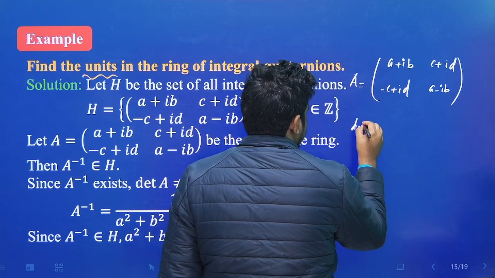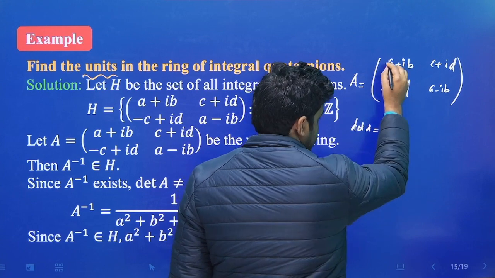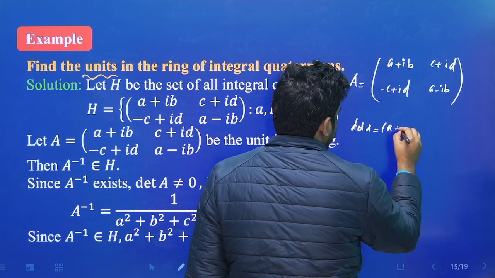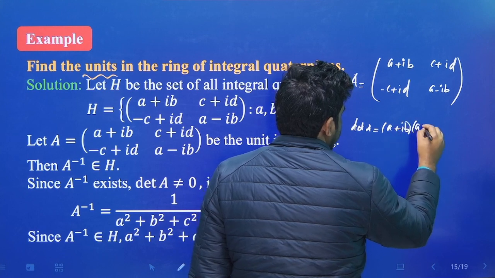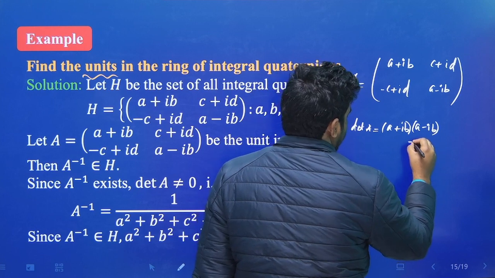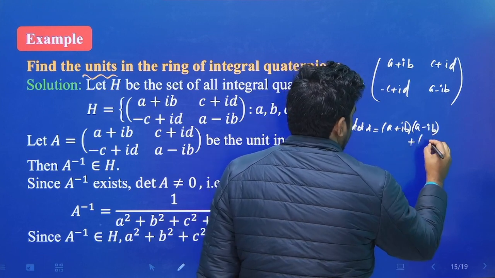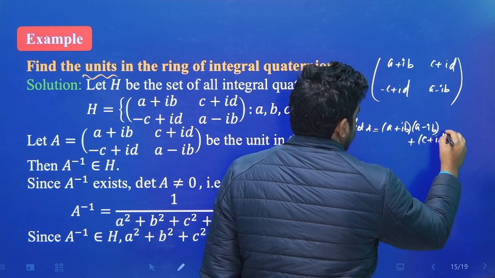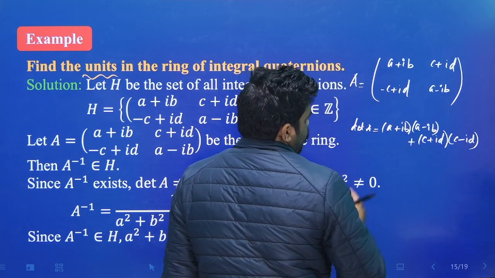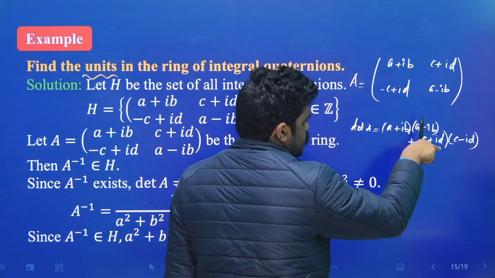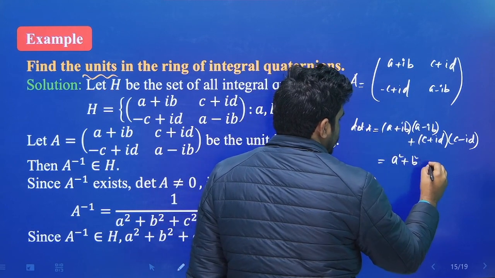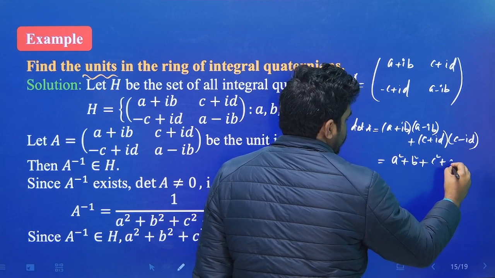So determinant A, that is this minus this, that means (A plus IB) into (A minus IB), minus, and common নিয়ে নাও (C minus ID), minus a plus, ঠিক, plus (C plus ID) into (C minus ID), ঠিক আছে, মাইনাস সাইন কমন, সো যখন মাল্টিপ্লাই করছো প্লাস হয়ে যাবে। সো আলটিমেটলি তুমি কি পেয়ে যাচ্ছ, A square plus B square plus C square plus D square.